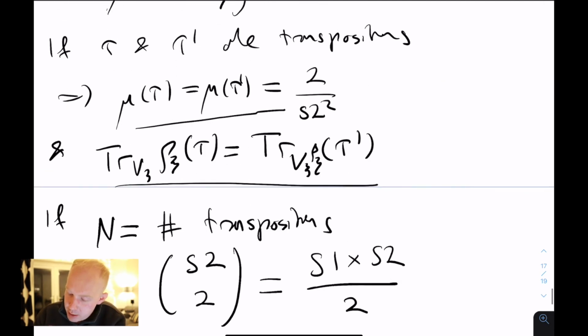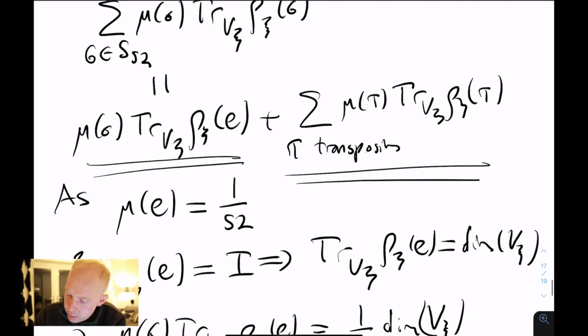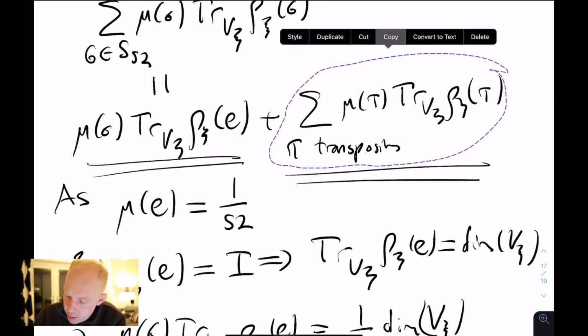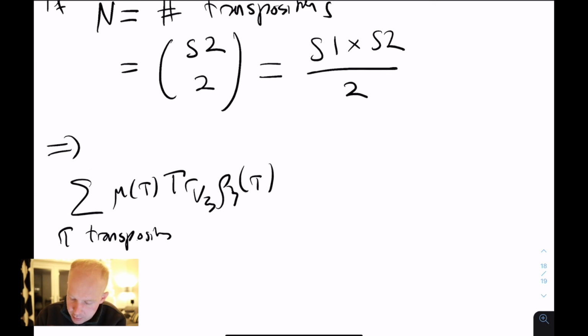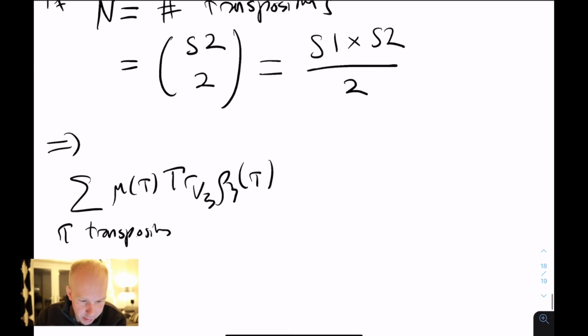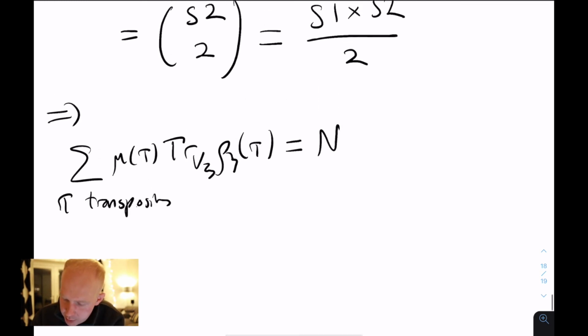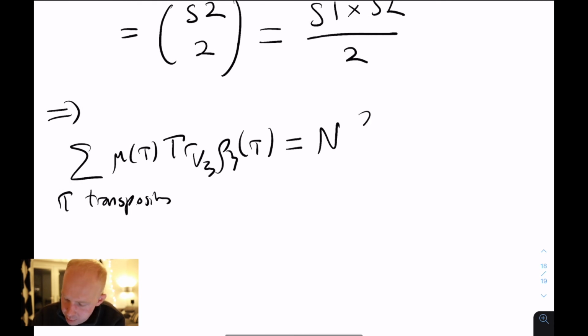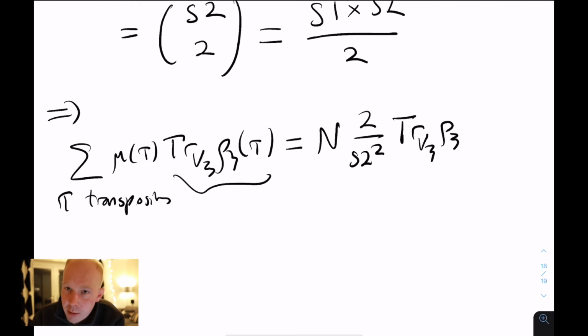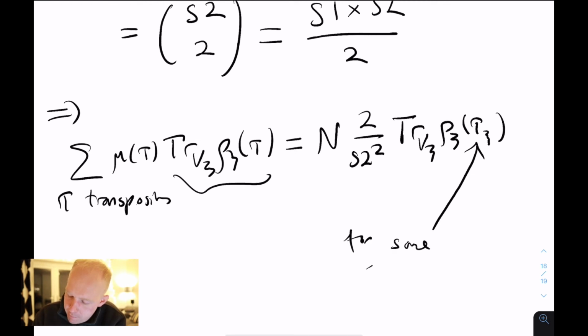Now this implies that if you take this expression, because they are all the same constant, this expression over here is equal to the number of transpositions, which I will put there in a second, then 2 over 52 squared, which is the measure, and then the trace of ρ_ψ of a transposition, for some fixed transposition τ_ψ.